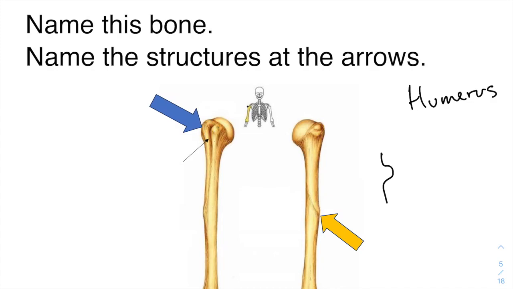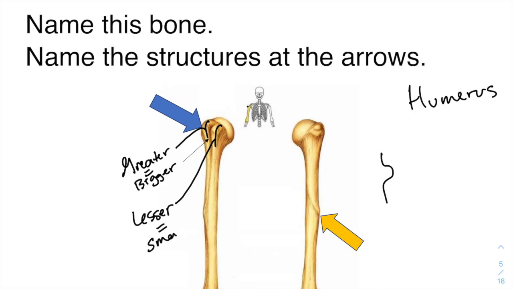So the bigger tubercle, we call the greater tubercle of the humerus, and then the smaller one is the lesser. This kind of makes sense, greater being bigger and the lesser being smaller.